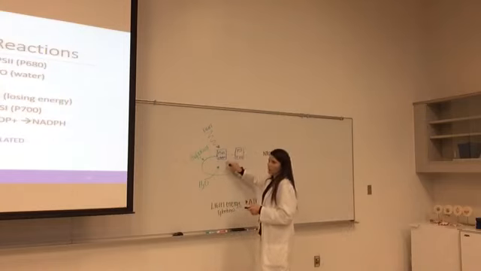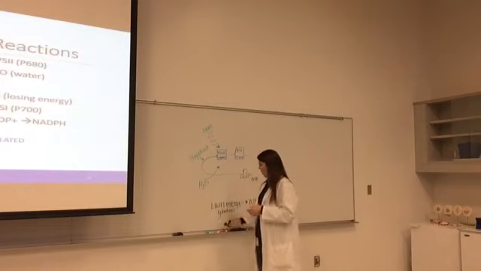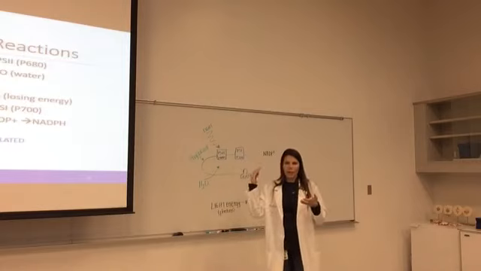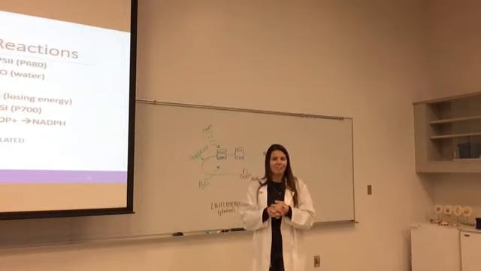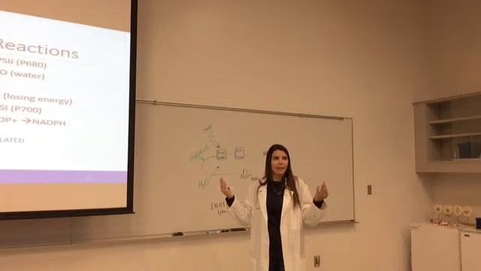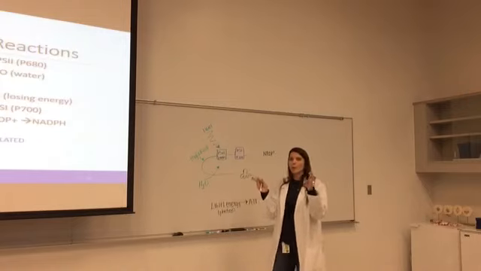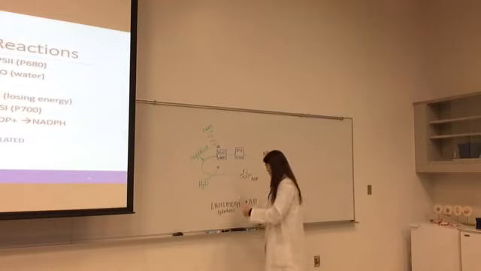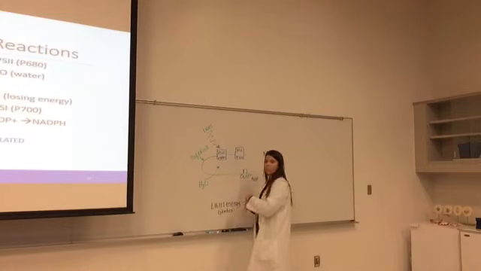Sunlight hits photosystem 2. And I have one molecule of water. Can you tell me what happens to water if a photon of light hits it? It's going to split. It's going to evaporate. So when water splits, it splits into hydrogen and oxygen. What does a plant do with oxygen?